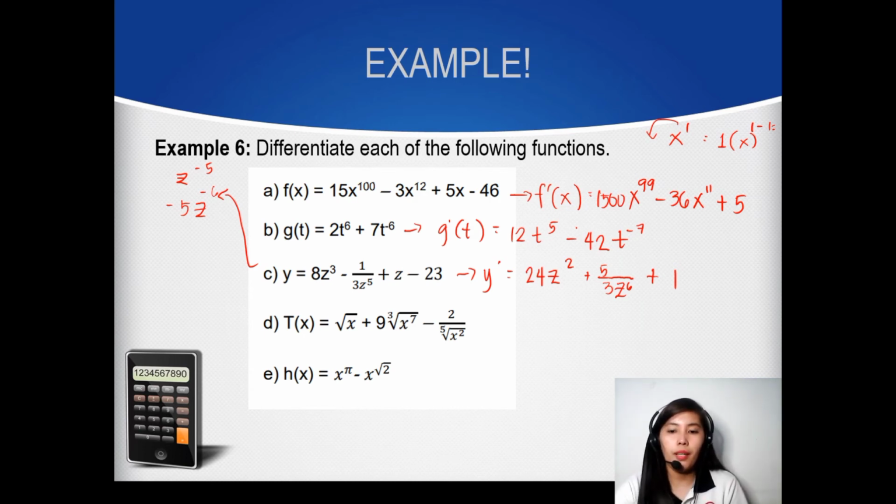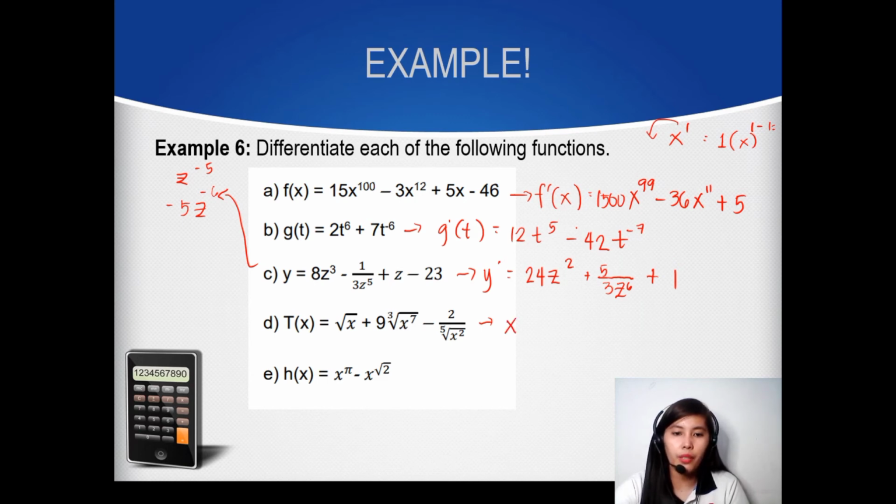Then for letter D, we have square root of x plus 9 cube root of x raised to 7 minus 2 over 5th root of x squared. So we have some radical expressions here. Let us express these radical expressions first as exponents, as fractions.